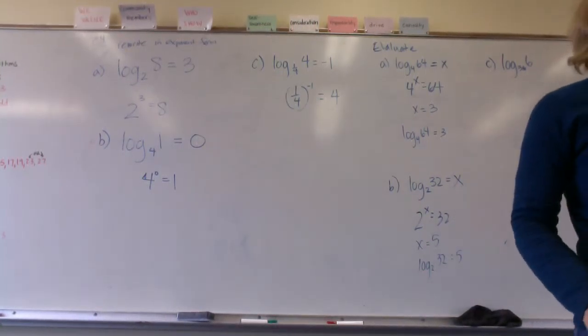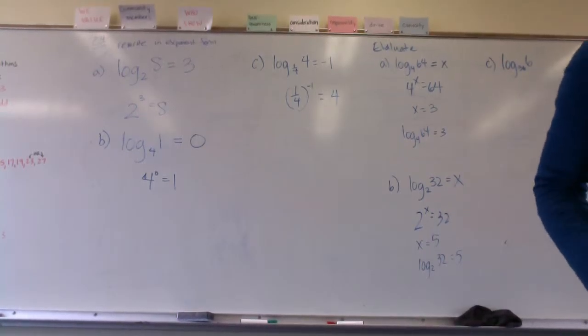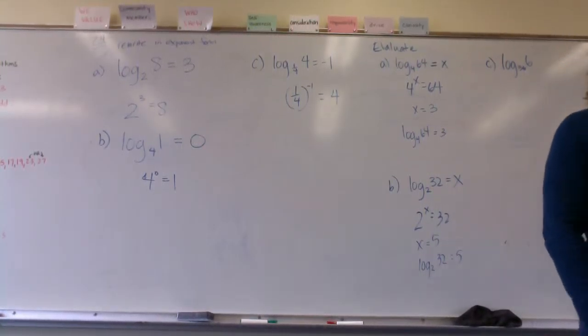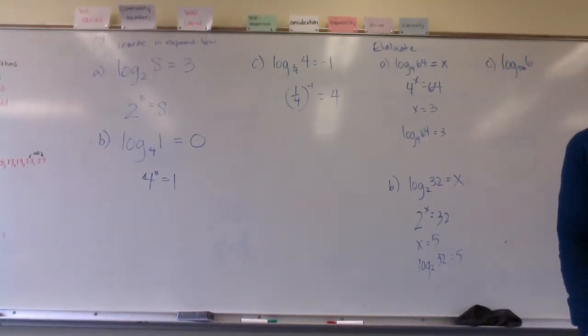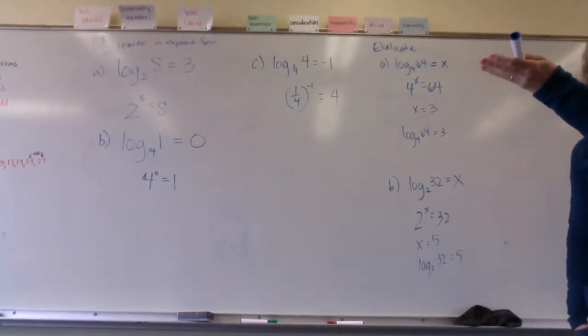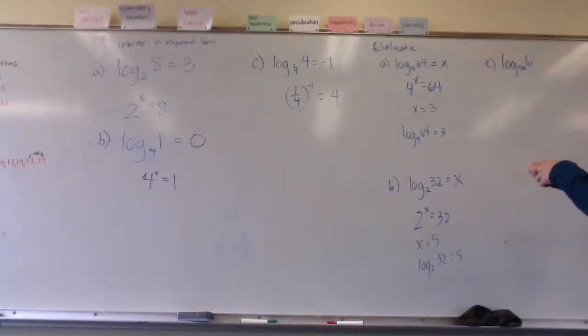Ooh. So give people a chance to think about this, boys and girls, too. So don't shout out too soon. Where's the equals x? I'm reminding you that they don't give that to you, so you have to write it. I like to put the equals x there. Yes, Charlotte.